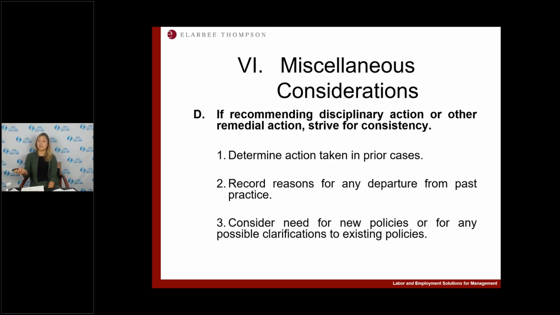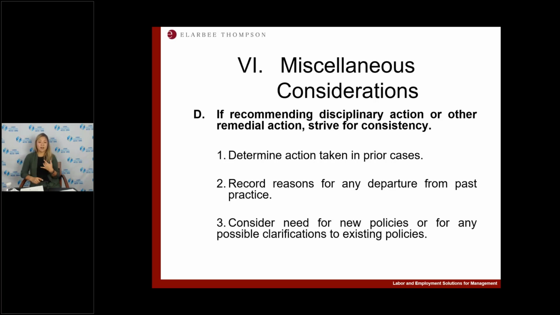If you're recommending disciplinary action or some other kind of action, look for consistency, because again, we're going back to civil liability. If you're inconsistent with how you mete out discipline for the same behavior, that can in itself look like retaliation or discrimination.